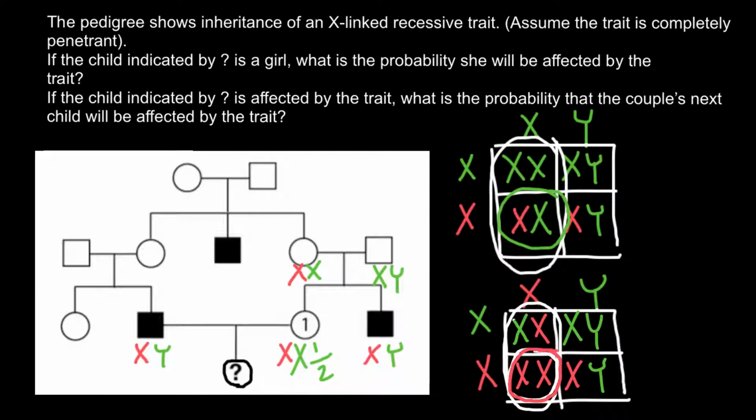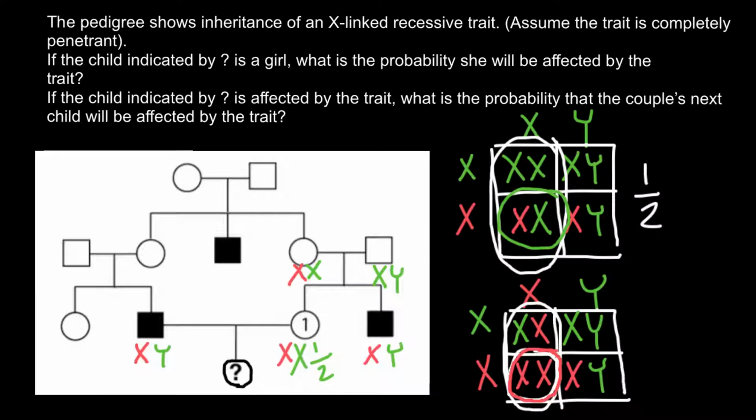So probability for the mother to be a carrier of defective X chromosome is 1/2 according to this Punnett square, and probability that she would give this defective X chromosome to her daughter is also 1/2.